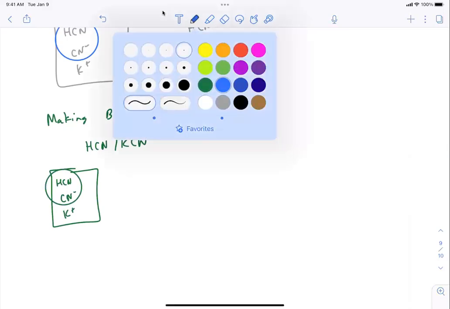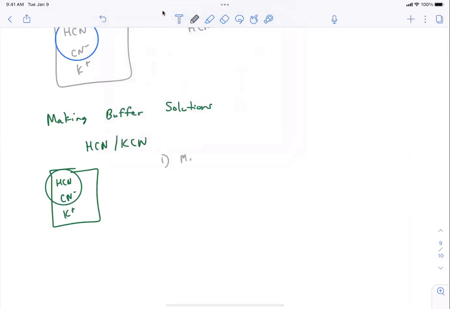So there's two ways to do that. One, you could mix HCN and KCN together in any amount. So if I have HCN and KCN, KCN being the salt of HCN, I can mix them together and I'll make a buffer automatically. It doesn't matter how much of each I put in there, as long as I put in an amount of each, I will make a buffer.